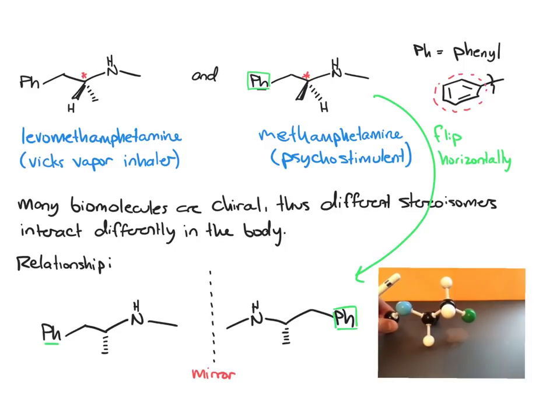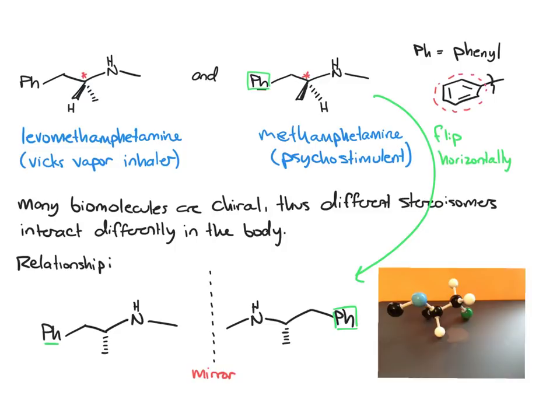So anytime you flip a molecule horizontally, your dashes and wedges go from out to back or back to out. Again, right now, this methyl group is back. If I flip this horizontally, now this methyl group's pointed out toward you. So that's all we're doing. We're just flipping this molecule horizontally. We didn't change the molecule, you're just moving it in space.